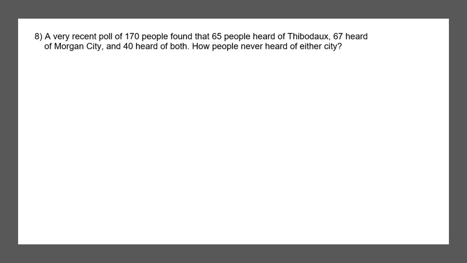If we have 65 people heard of Thibodeau, and we add to that the 67 that heard of Morgan City, but back out the 40 people that were counted twice because they heard both. Remember, when I said Thibodeau, that did not mean they did not hear of Morgan City. When I say Morgan City, that does not mean they do not know of Thibodeau.